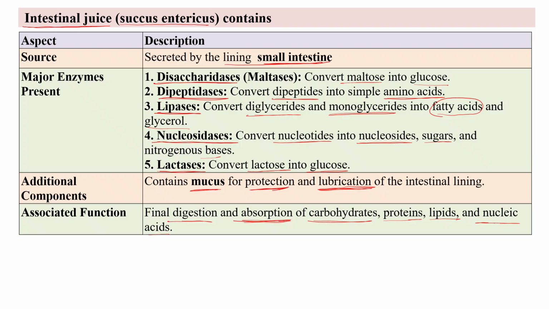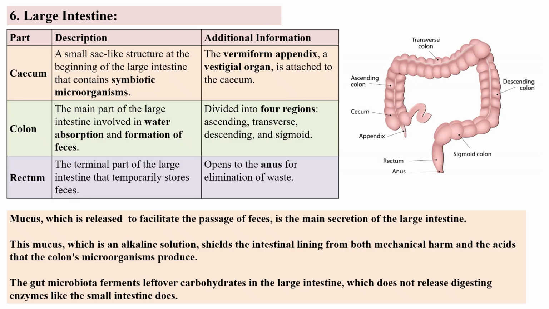So I again repeat, in the small intestine, the digestion and absorption of carbohydrates, proteins, lipids and nucleic acids takes place. So the next part of the alimentary canal is the large intestine. Large intestine is divided into three parts: cecum, colon and rectum. You can see here the cecum, which is the first part of the large intestine, then comes the colon, and the last part is the rectum.